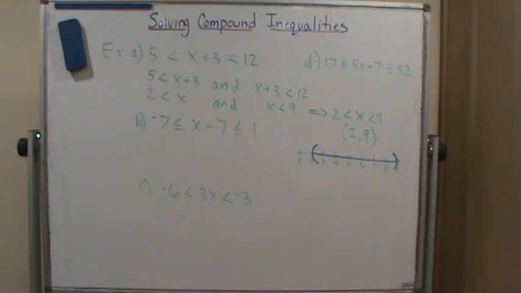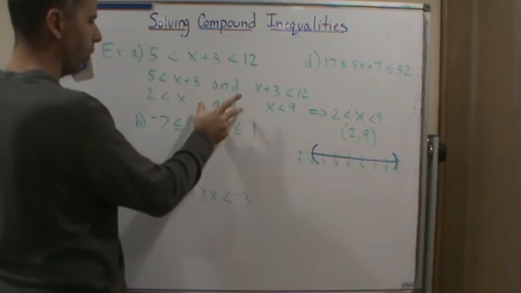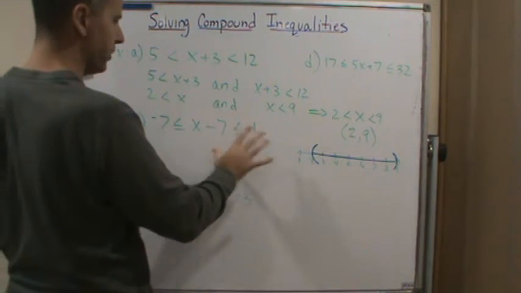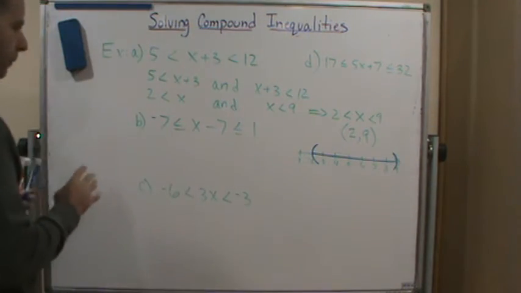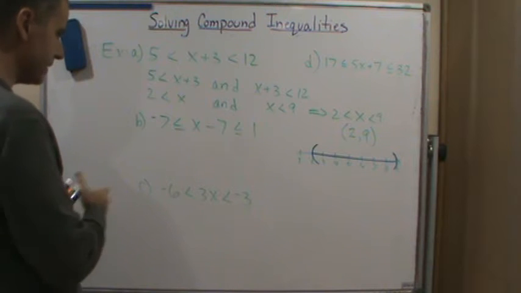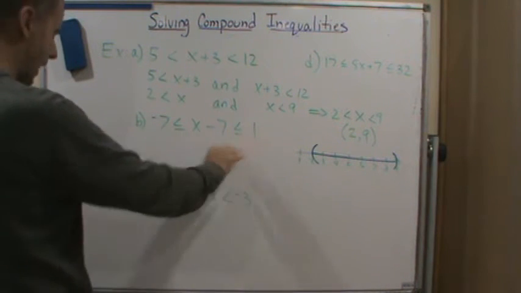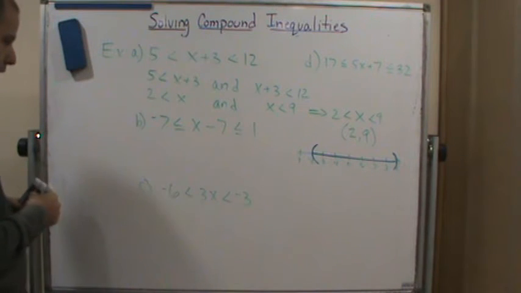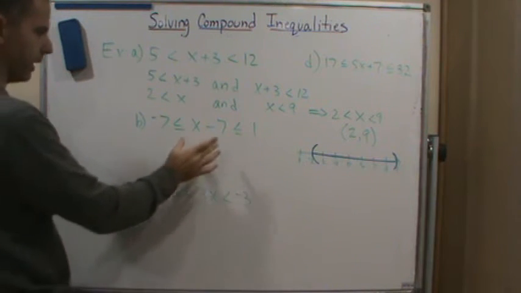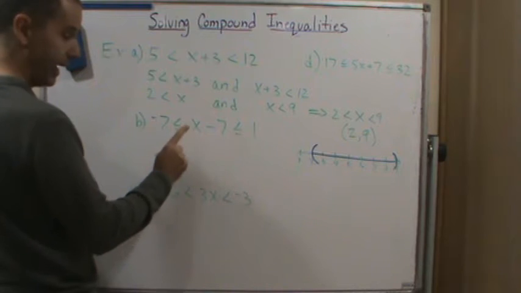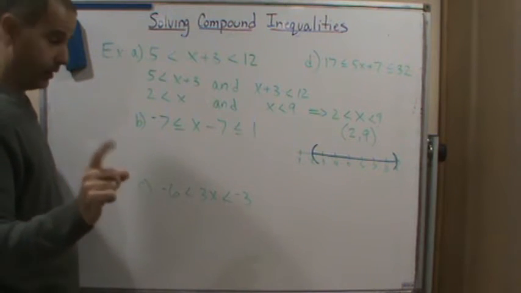Now, let's do it a different way, very similar. But watch what I do without the and. So let's do the next one here. And what I'm going to do is, instead of splitting it up into and, I'm just going to leave it as a compound inequality. Watch what I do. Whatever I do to the middle, because I have to isolate the x, right?